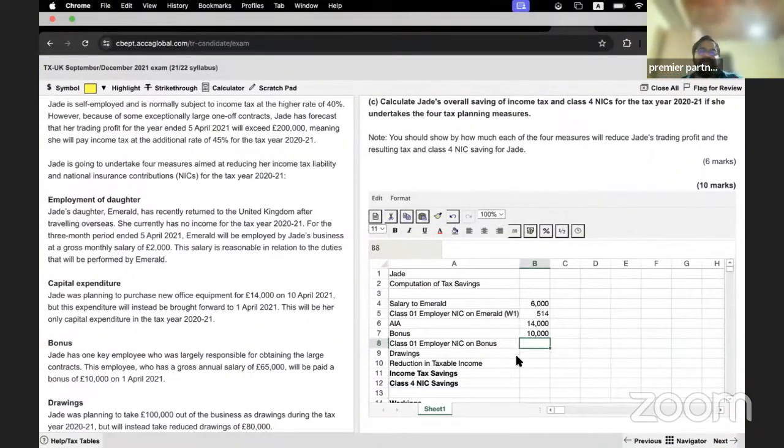So how are we going to figure out how much is the class 1 employer NIC impact on this 10,000 bonus? How are we going to do that? What are we going to do? How are we going to identify that? Get the excess of 9,100.